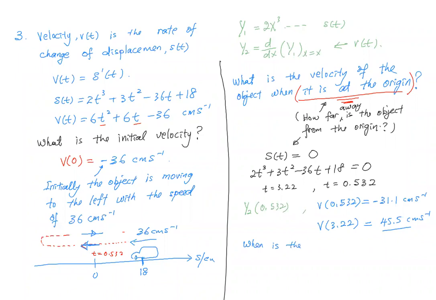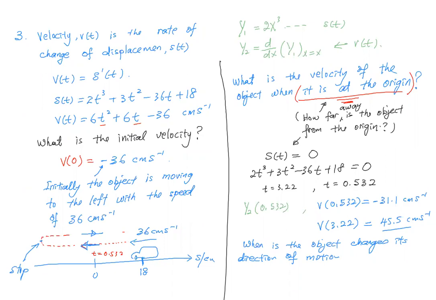When is the object, instead of saying stop moving, when is the object changes its direction of motion? So if you look at this diagram, at first it's like this, then it had to stop first, then it changed the direction of motion.